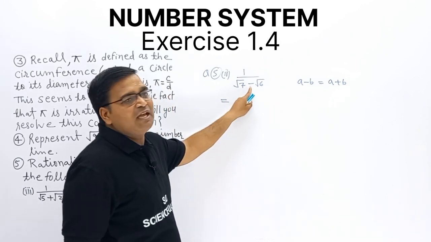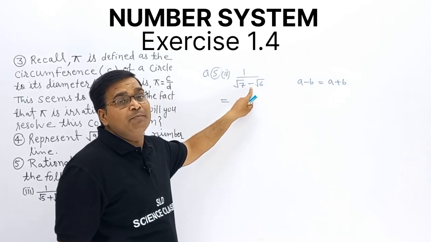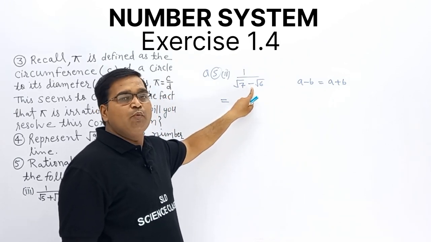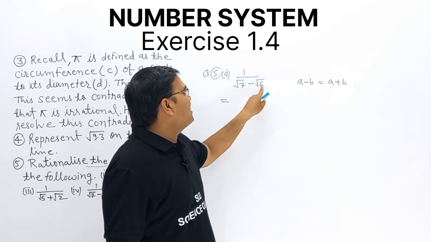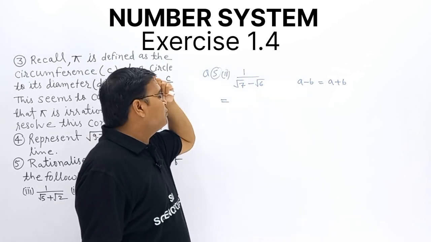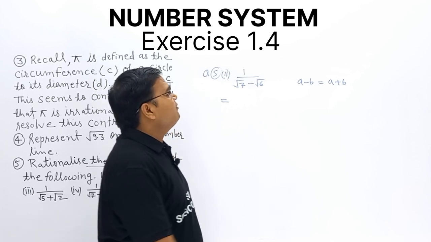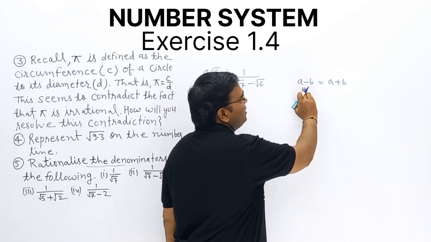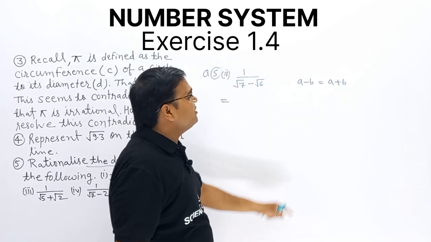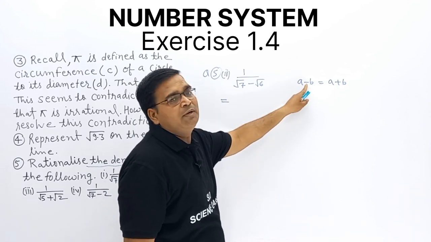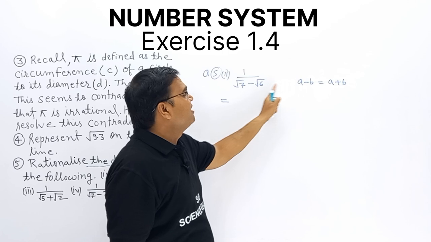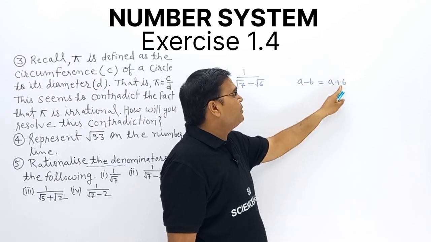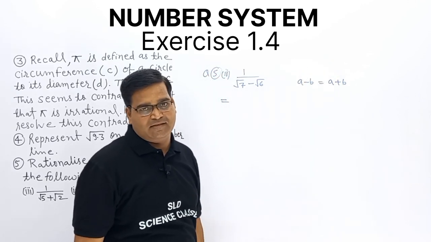If a and b are two numbers in the denominator and we want to rationalize the denominator, then we will use its conjugate. What is the meaning of conjugate? If there is a minus sign between two numbers, then this minus will be converted to plus, and plus will be converted to minus.